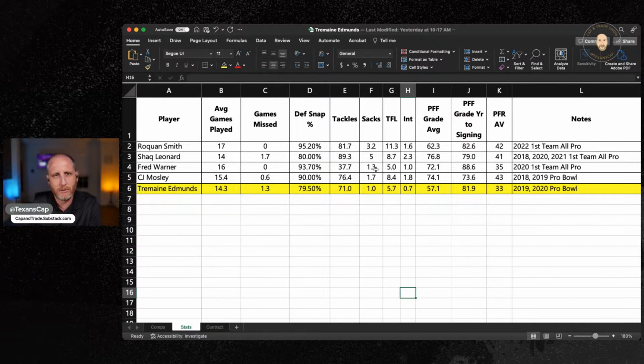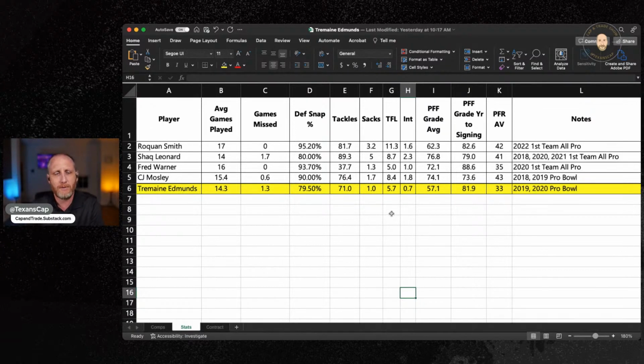Sacks, not a huge deal on linebackers, but I went ahead and threw it up here. But tackle for loss was something I was really interested in. And Edmunds, a little bit softer than the other players, maybe not as aggressive. Maybe that's a function of the system. Maybe that's a function of Leslie Frazier's defense and how he wants the linebackers to work.